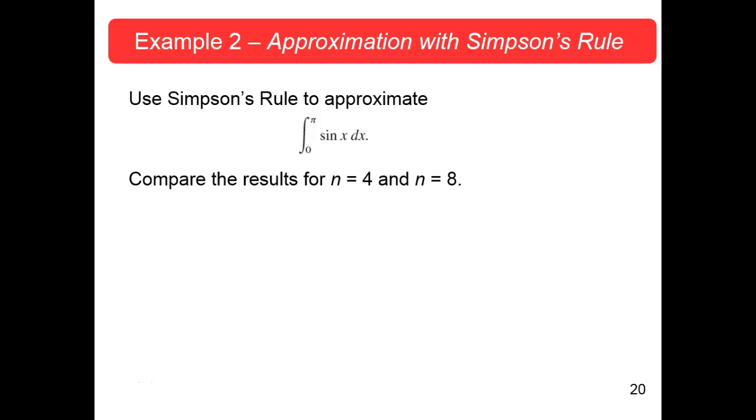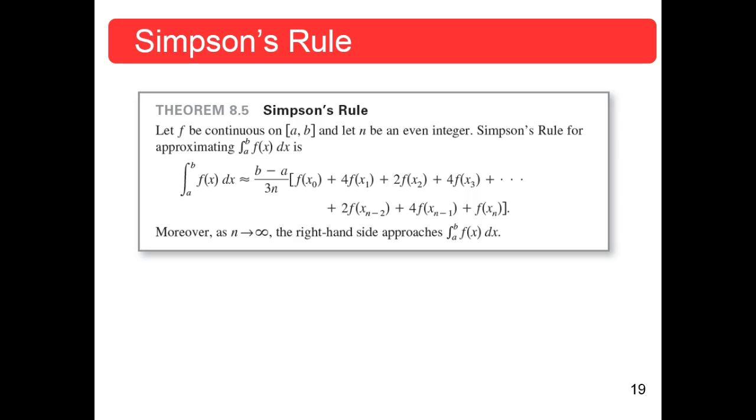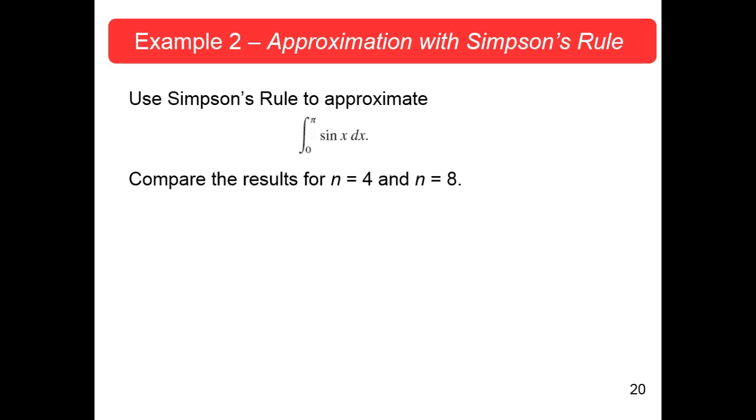Last time we did 4 and 8 for the trapezoid rule, so we're going to wind up comparing these. Okay? So, Simpson's rule, again, is b minus a, that would be pi minus 0, that's just going to be pi, divided by 3 times n.